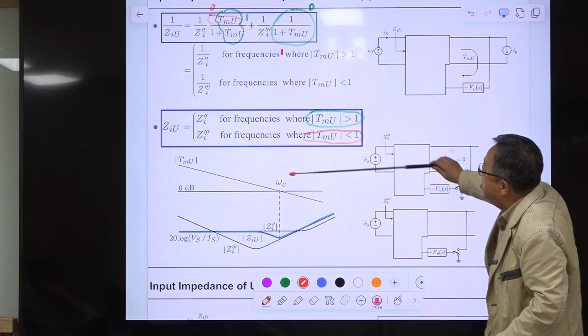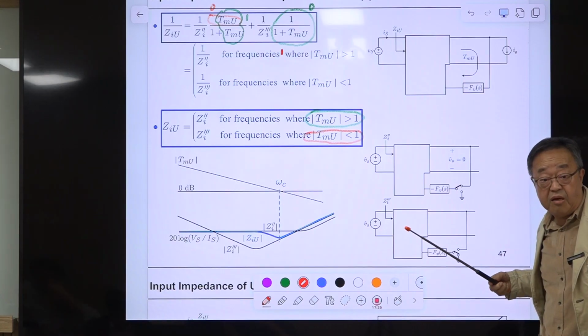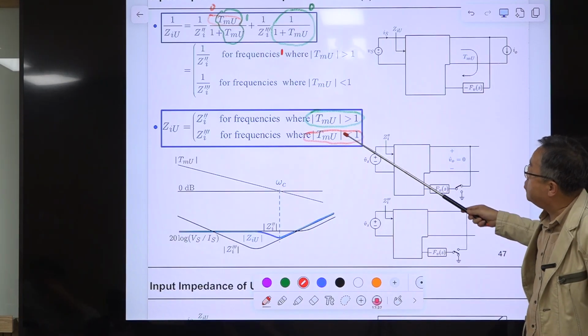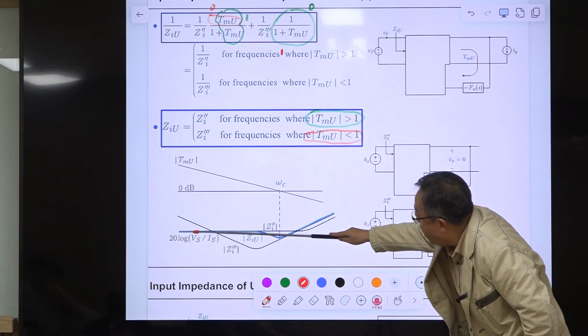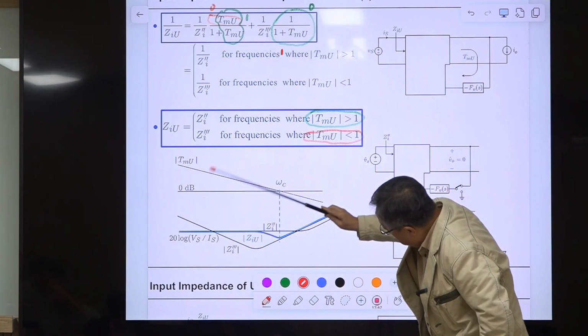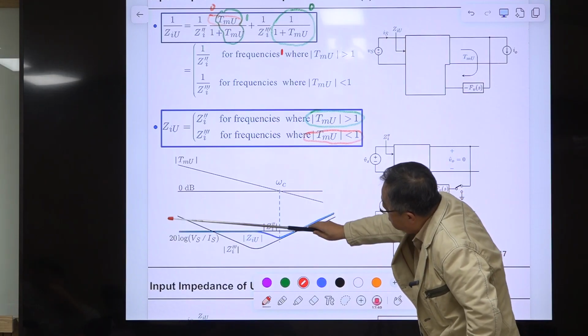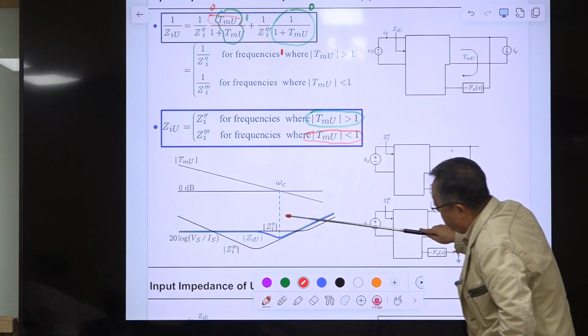This behaves as minus R for a long range of frequency. So that comes from this at low frequency. Let me explain this. This GI double prime is this black curve. You can derive this. It starts from this straight line of minus R_IC, and it goes up like this.